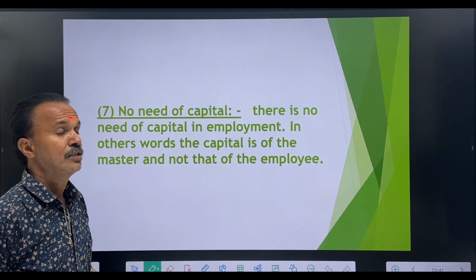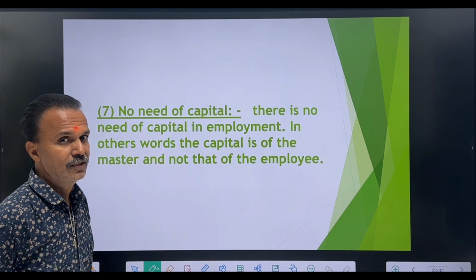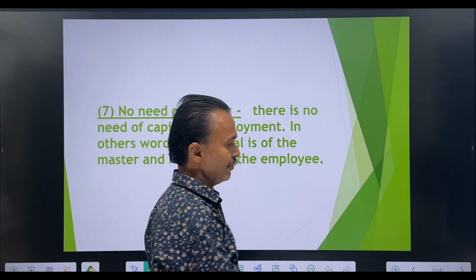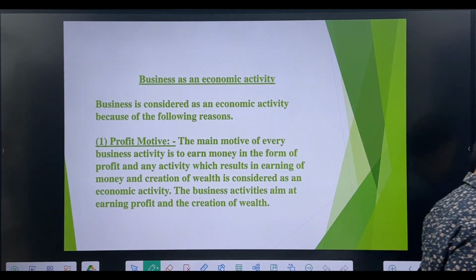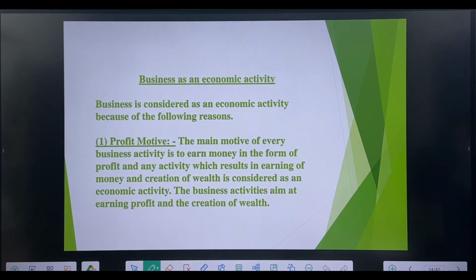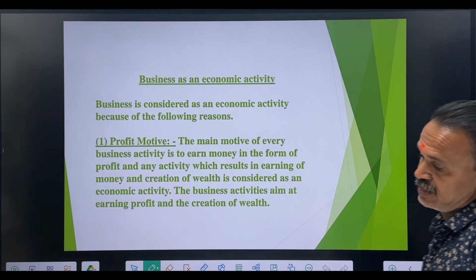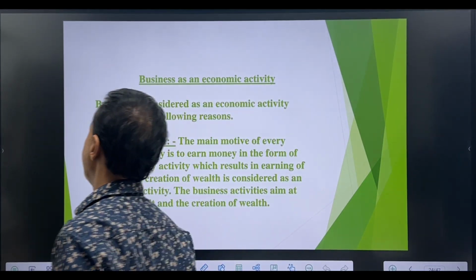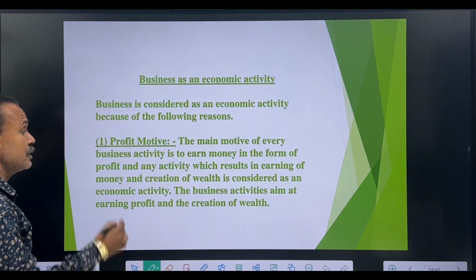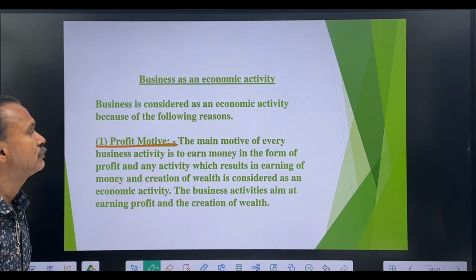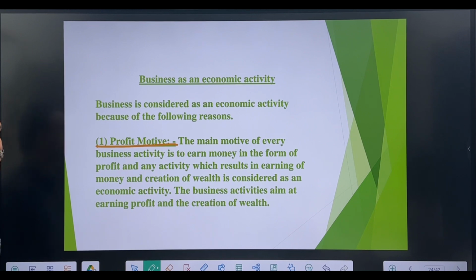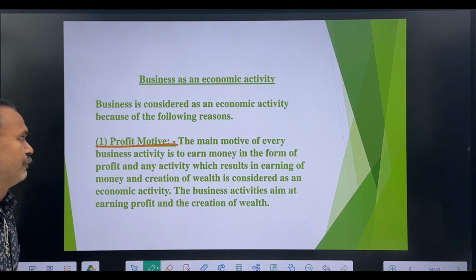अब आगे, जहाँ तक कल हमने खत्म किया था उसके बाद से: business is an economic activity. Due to the following reasons, business is called an economic activity. First, profit motive. The main motive of every economic activity is earning money in the form of profit.